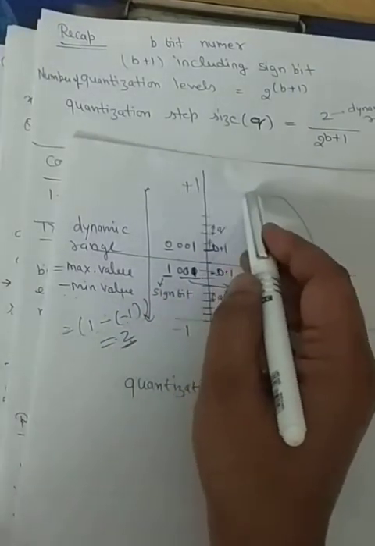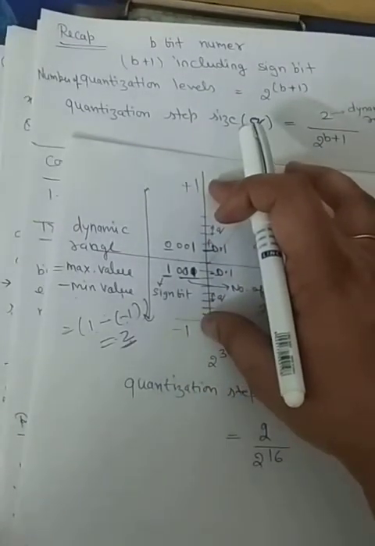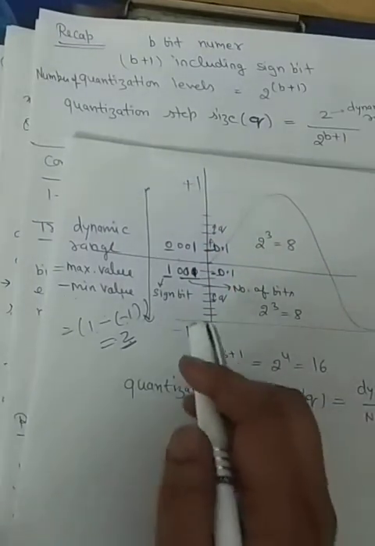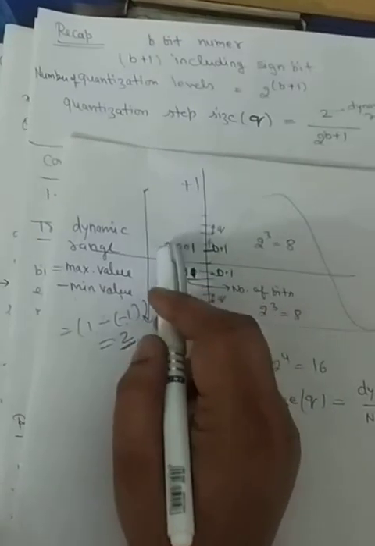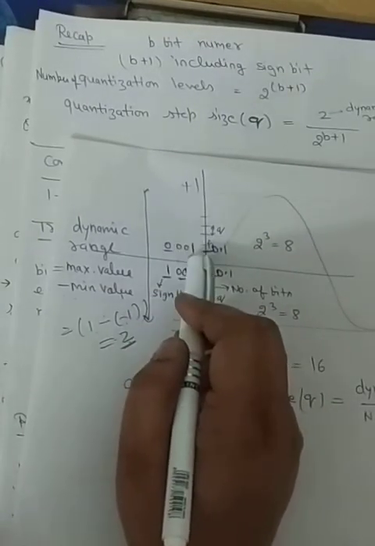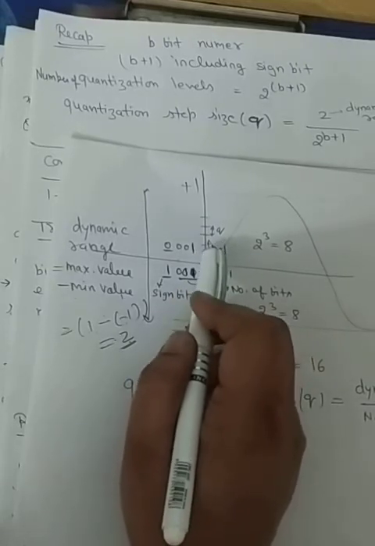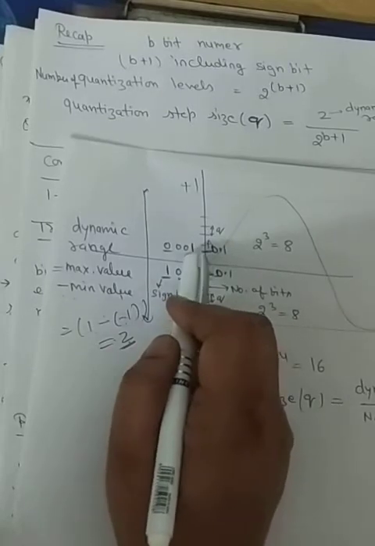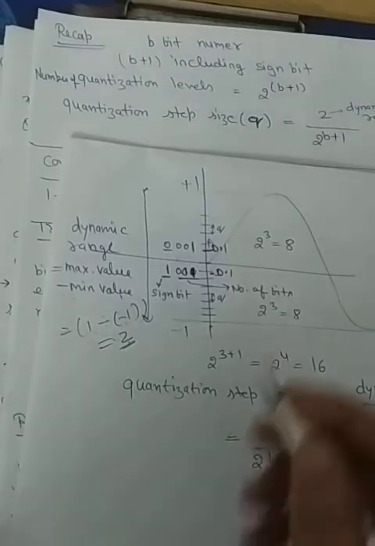And during quantization, this whole dynamic range of the signal is divided into a number of fixed levels, and these fixed levels are decided by the binary code. Each level is assigned a unique combination of 1 and 0, and this unique combination of 1 and 0 is determined by the number of bits.